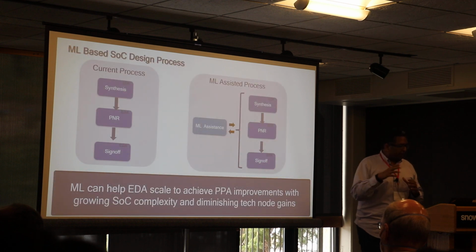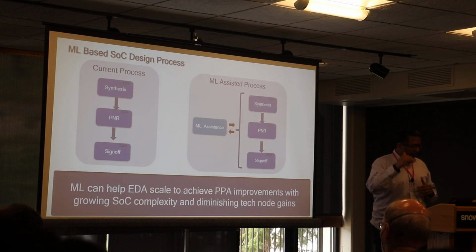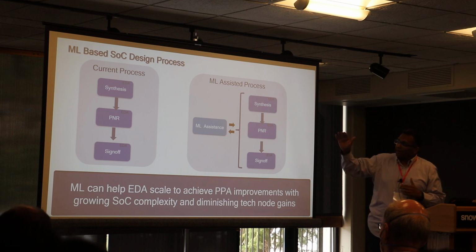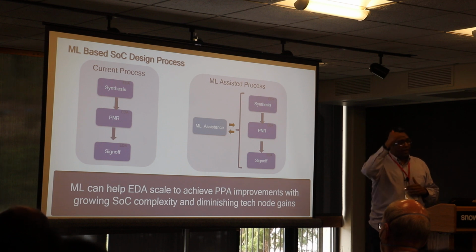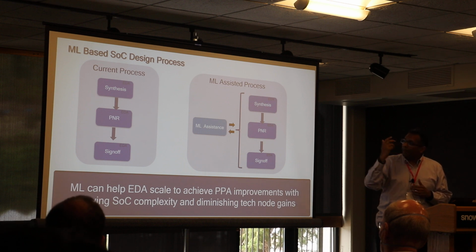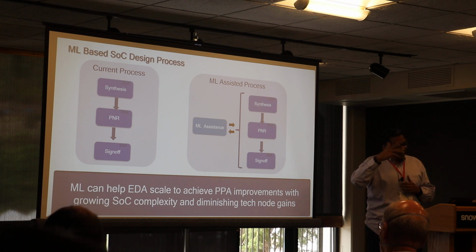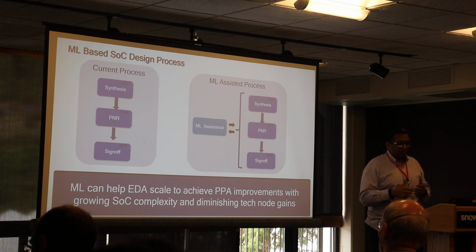So I just wanted to say that on our current design process, we have just added a few bullets here, but it goes from floor planning, synthesis, place and route, and various sign-offs, including DRC closure.